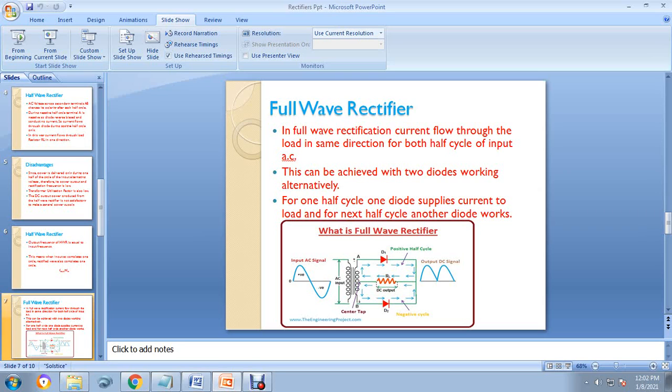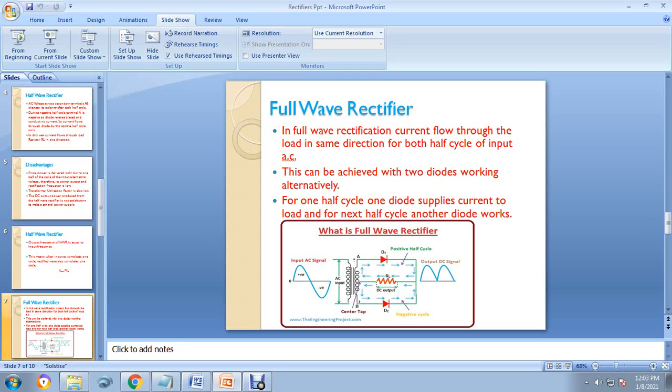When the positive half cycle is given to the primary of the transformer, at the secondary end the terminal A becomes positive and the terminal B becomes negative. When terminal A becomes positive, it is applied to diode D1, so this diode becomes forward biased, whereas terminal B becomes negative, and when it is given to the anode of diode D2, it becomes reverse biased.